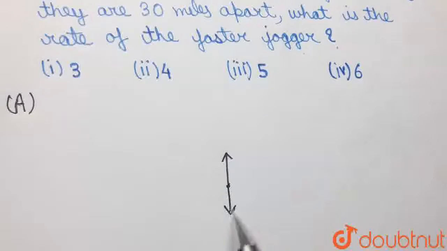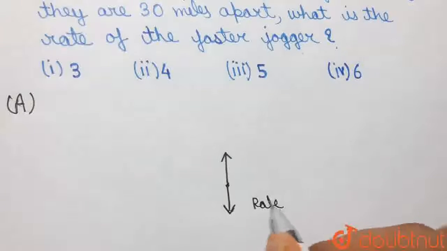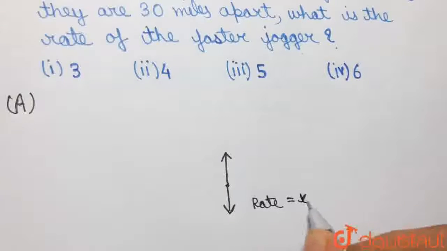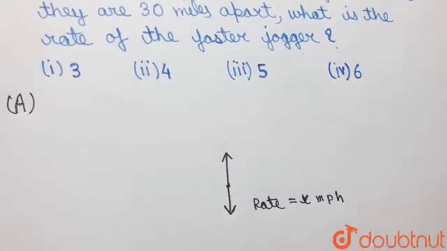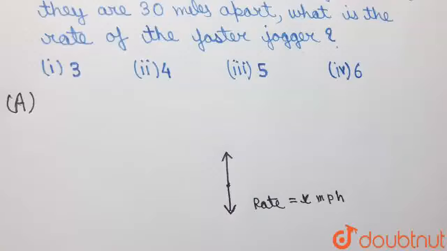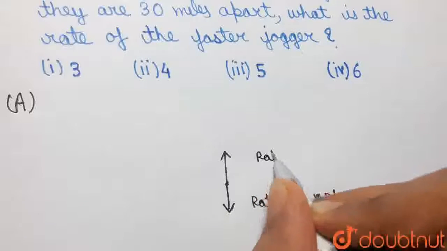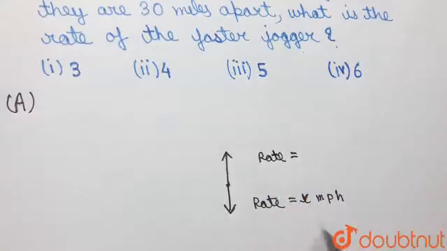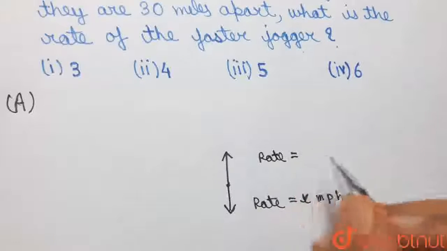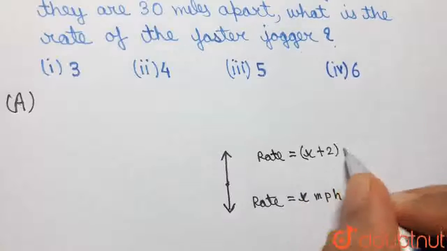Let us assume that the jogger who goes in this direction has rate equal to x miles per hour. So as per our assumption, the jogger who goes in the forward direction will have a rate 2 miles per hour greater than this, that is x plus 2 miles per hour.